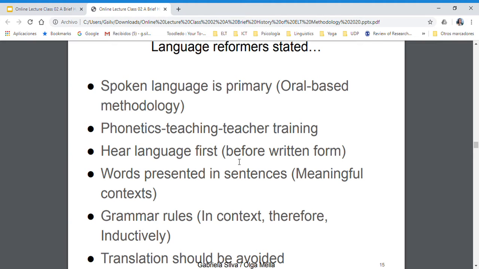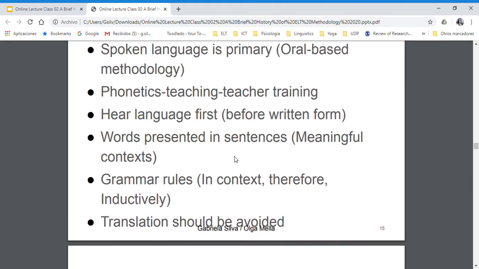Words are presented in sentences in a meaningful context, and the grammar rules, as I said, are presented in context and not explicitly. In this case, very different from what was done previously, translation was avoided at all costs.